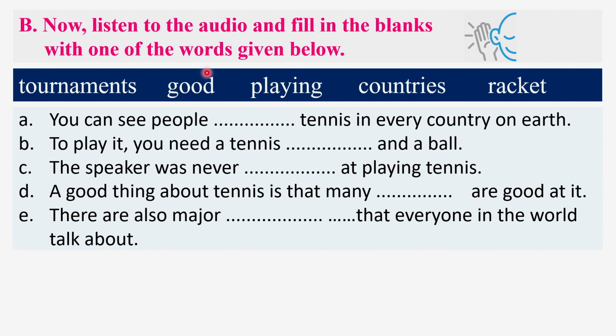I was never any good, but I loved playing it. I remember having arguments with my friends over whether the ball was in or out. The good thing about tennis is that many countries are good at it. This makes it a true world sport. There are also major tournaments that everyone in the world talks about. My favorite is Wimbledon.